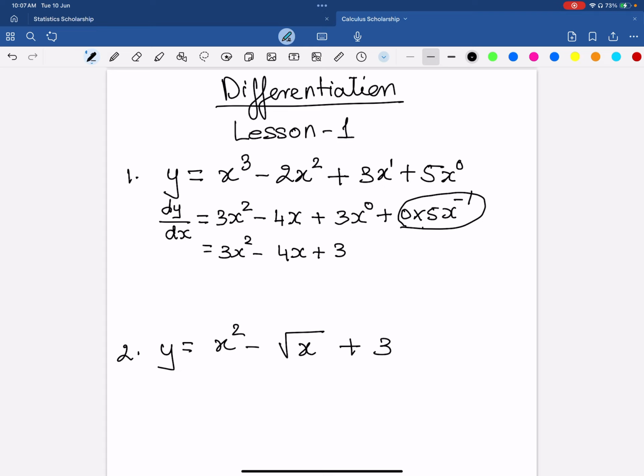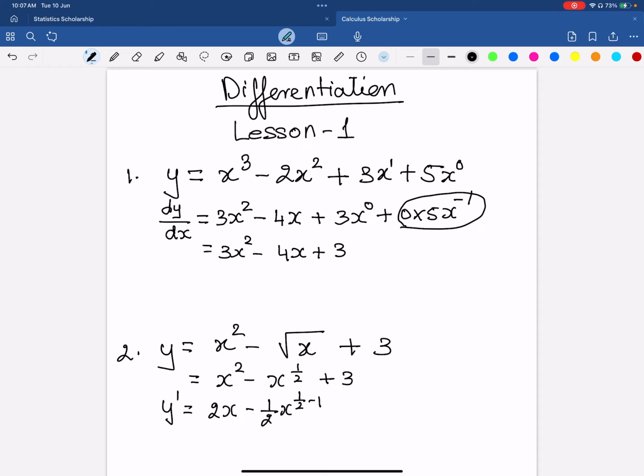So do you have to do all the methods here like this that I've shown you? Not really. For these two terms, you can straight away write the answer, which is what I'm going to do next. Now here, when I look at this root, what is the meaning of root? Root actually means x to the power of half. Plus 3, so I've not differentiated, I've just kept it as y. Now y dash is equal to 2x minus, you bring half in front and decrease the power by 1. So basically you're going half minus 1.